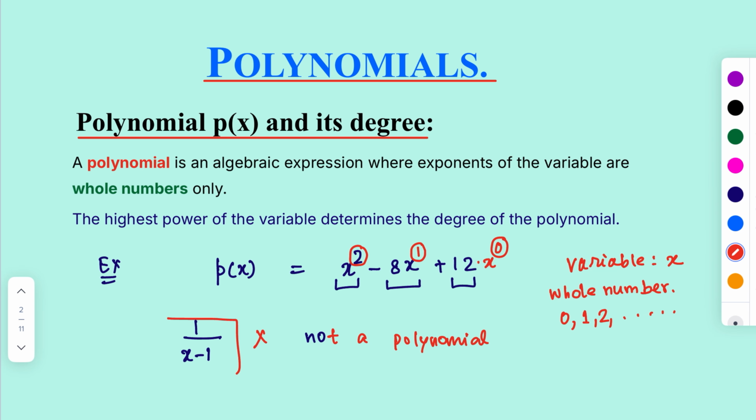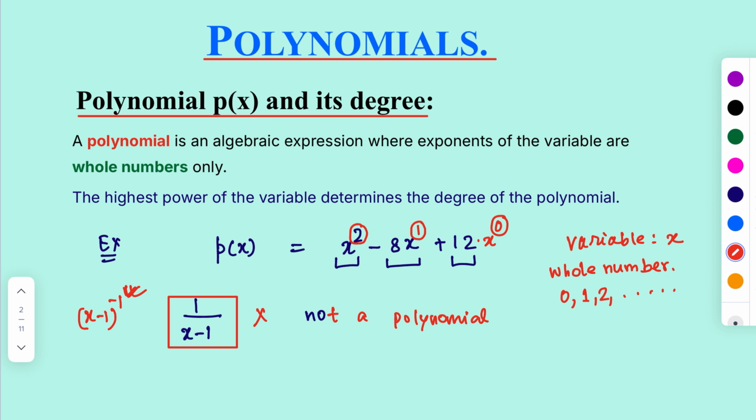Because this can be written as (x minus 1) to the power minus 1. This minus 1 is not a whole number. Similarly, root x cannot be a polynomial, because here x has power 1/2, which is a rational number. It is not a whole number.